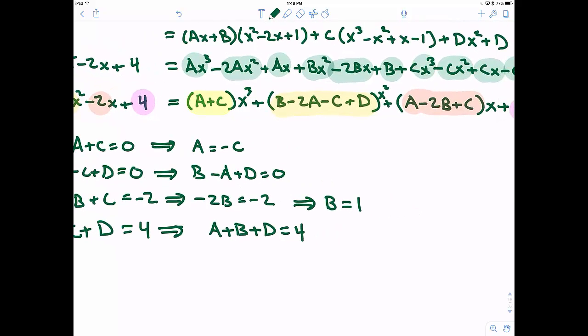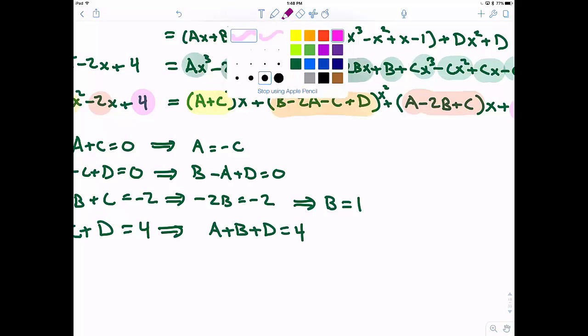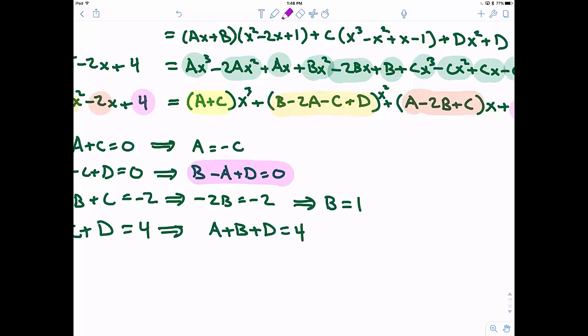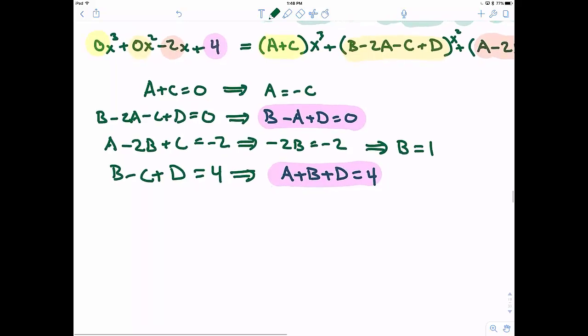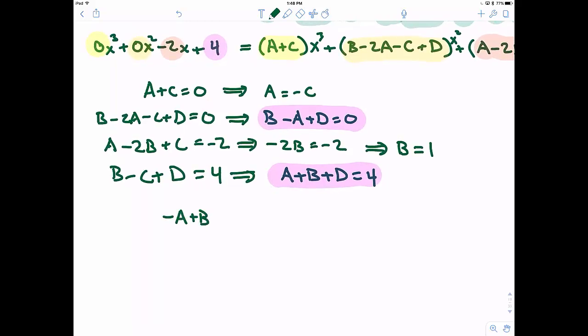Now looking at these, my second and my fourth line, let me just highlight these really quick. These look very close indeed. So let me rewrite those down below and see what I'm talking about, and I'm going to rearrange the order so hopefully you see it too. The first one I'll rewrite as negative a plus b plus d equals 0.